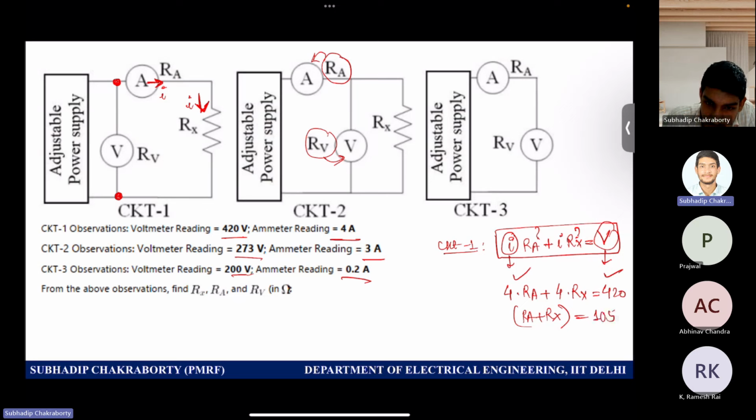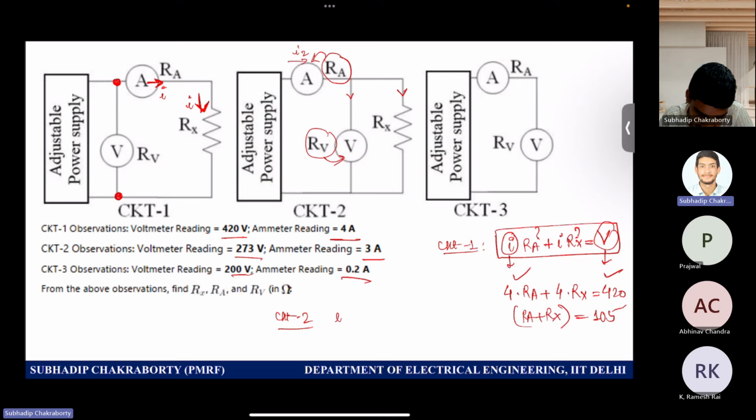Yes, sir. So now see the next circuit, circuit 2. What is there? We have the same ammeter. Let us name this current I2, because this current is different. Now we have changed the position of the meters, and obviously the effective resistances and voltage drops will vary, and the current also will vary. So this is I2. This I is splitting. Everyone knows the current division rule.